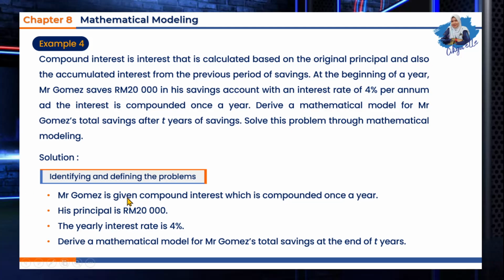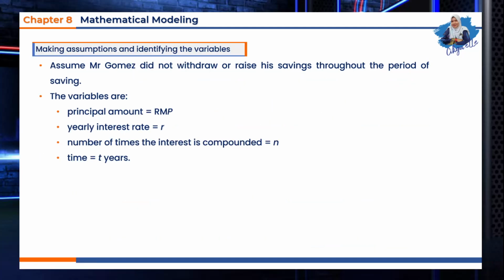Here Mr. Gomez is given compound interest which is compounded once a year. His principal is 20,000. The yearly interest rate is 4%. Now define the problem: derive the mathematical model for Mr. Gomez's total savings at the end of T years. So this is the first step.